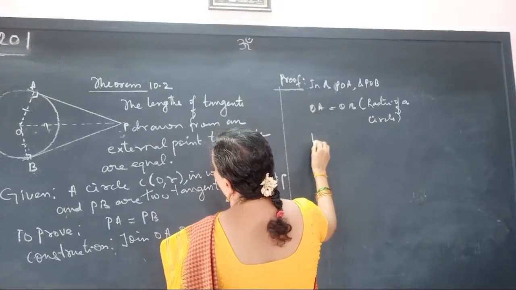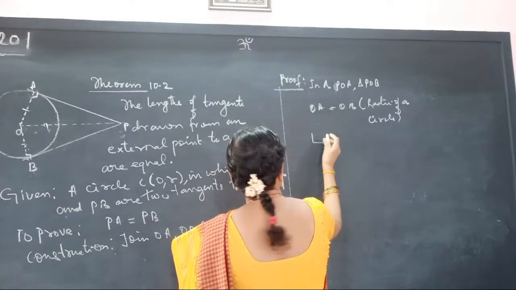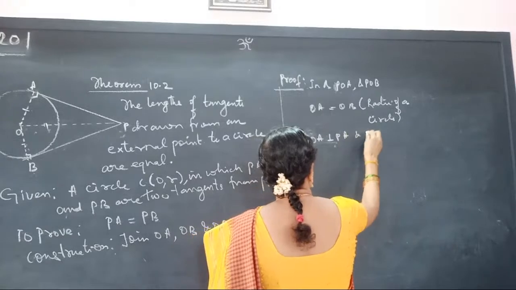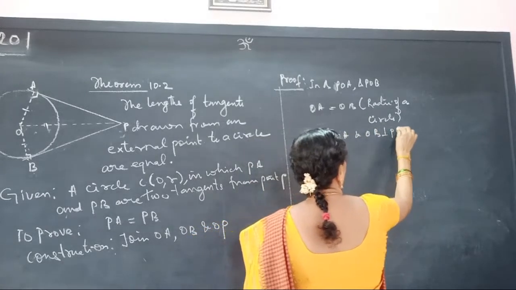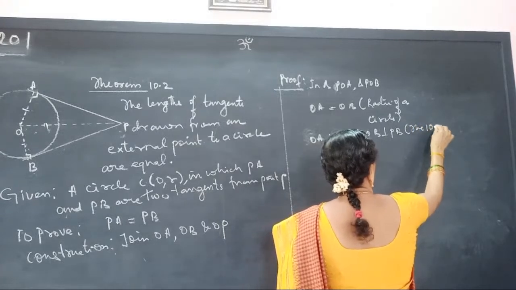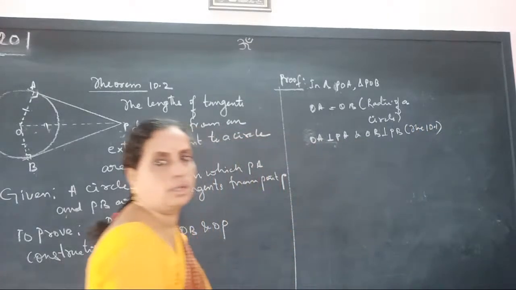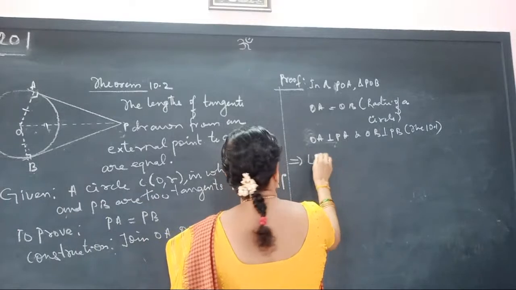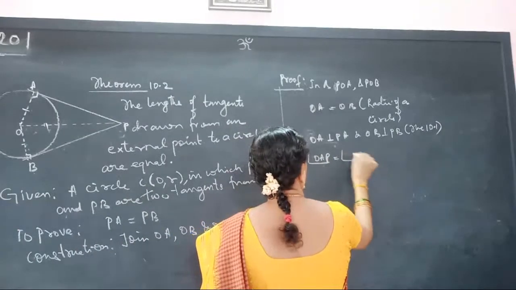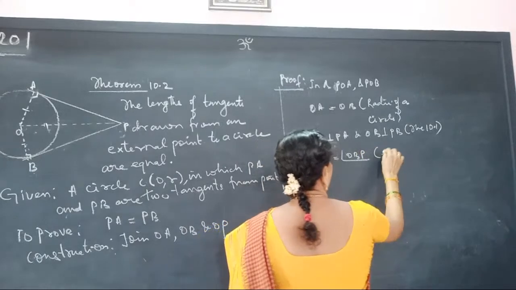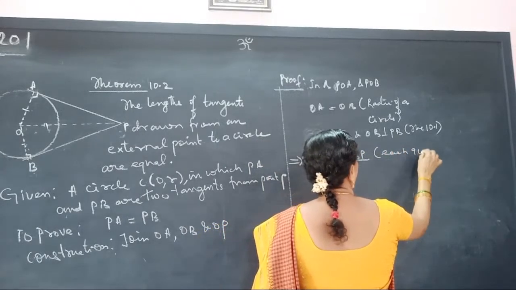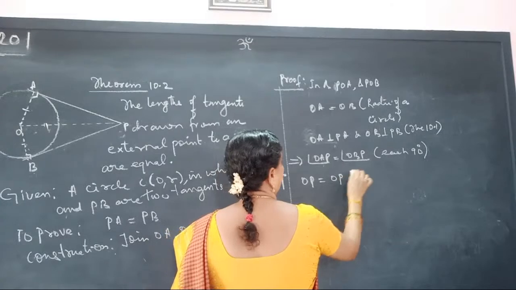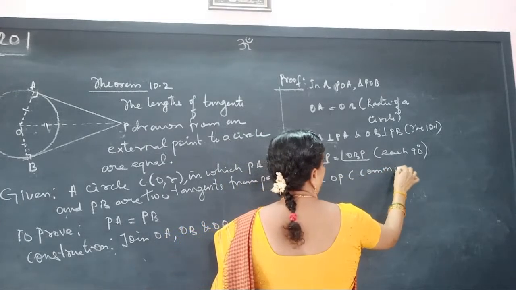Before that you have to write OA perpendicular to PA, OB perpendicular to PB according to Theorem 10.1. Just now we proved they are perpendicular. When they are perpendicular, we can consider angle OAP equals angle OBP, each 90 degrees. OP equals OP, reason: common.